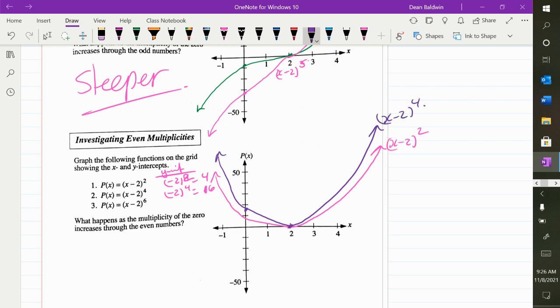They just get steeper as the degree goes up. That's it. The shape doesn't change in terms of it's a bounce or it's a point of inflection. And to be honest, when you're sketching a graph, you can't really represent this. But just so you know, as the degree or the multiplicity increases, you just get a steeper graph. That's all I need you to know.